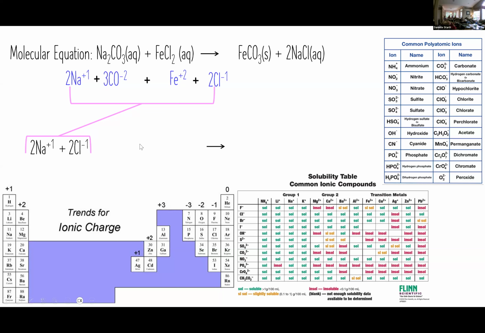I'll give you a chance to do that. And we're going to put them over here on the other side, on the outside, because they are outers. So then we've done the outers. Now the inners. Okay. We also can write this as 2NaCl because we know we've got 2 sodiums and 2 chlorines.